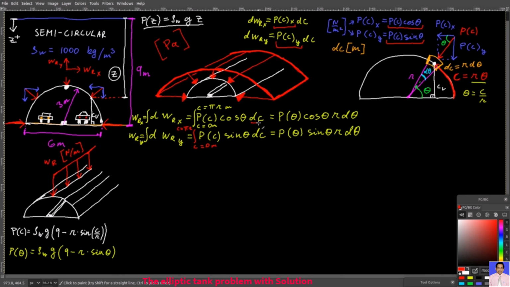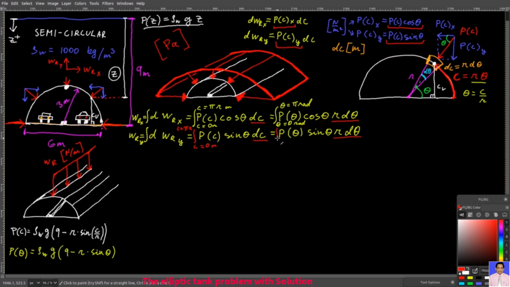And now these dc's here, they are written down like this, r times d theta and r times d theta. And then here I have pressure as a function of theta, and here as well. And now if I integrate that equation, then it will be integrated from theta equals 0 radians till theta equals pi radians. That's because you go from here up until here, 180 degrees.